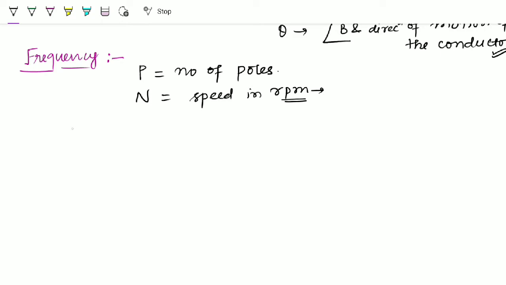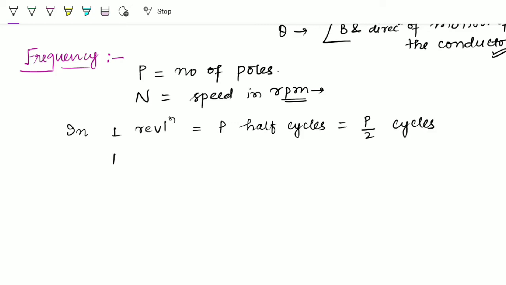In one revolution, this rotor will generate P half cycles, so we can say that it is equal to P by 2 cycles.